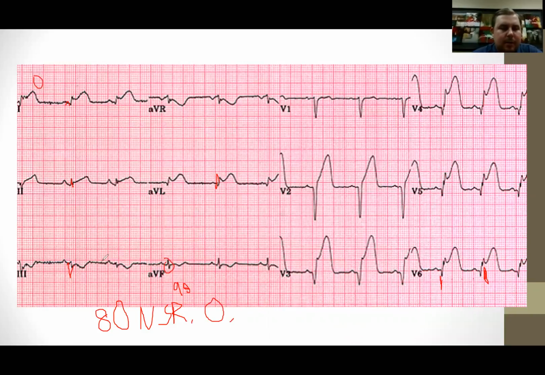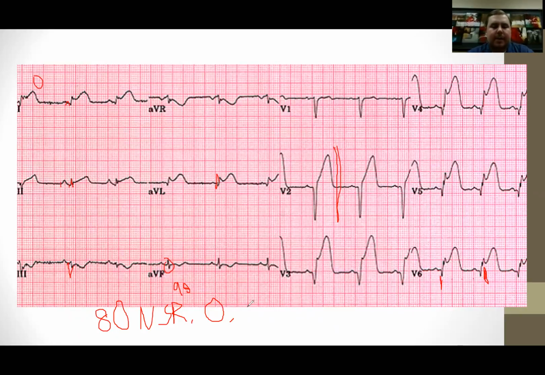Next, we're going to look at our PR interval. That looks to be 1, 2, 3, 4 boxes, which would be normal. Our QRS duration is less than 3, so that's normal. And then for our QT, I just had an R to R, my imaginary line somewhere right there. My T wave ends before that.